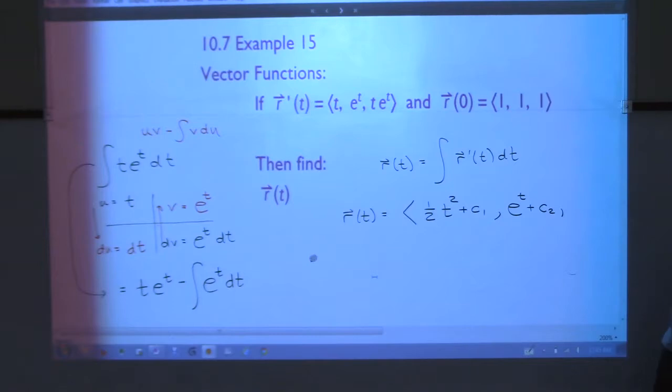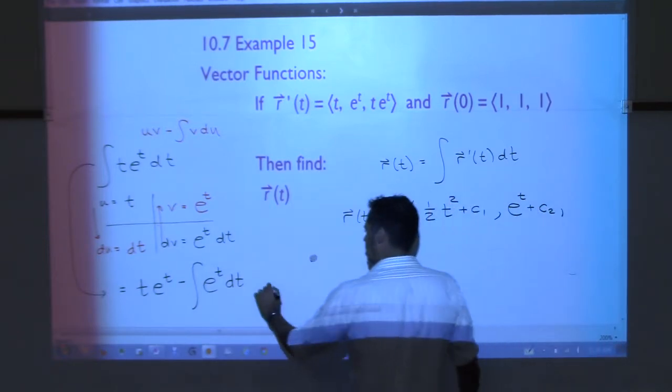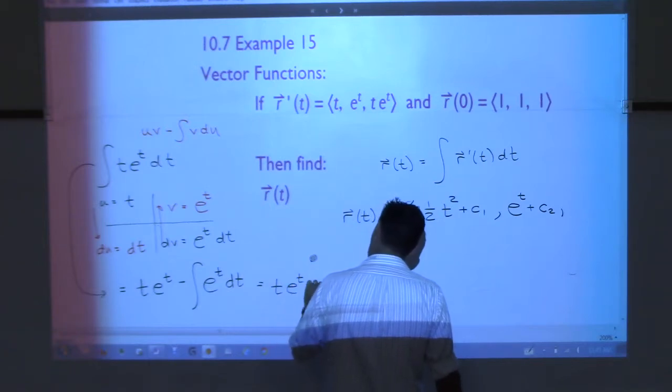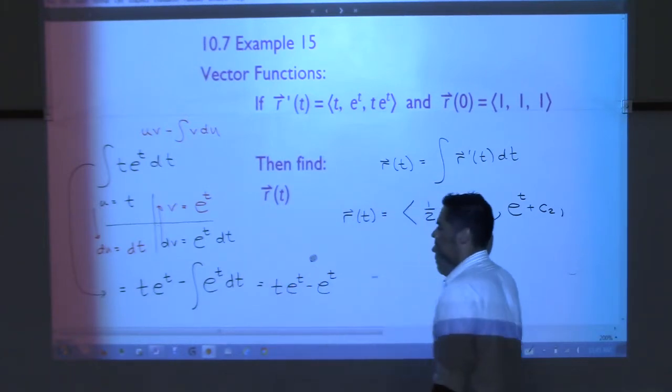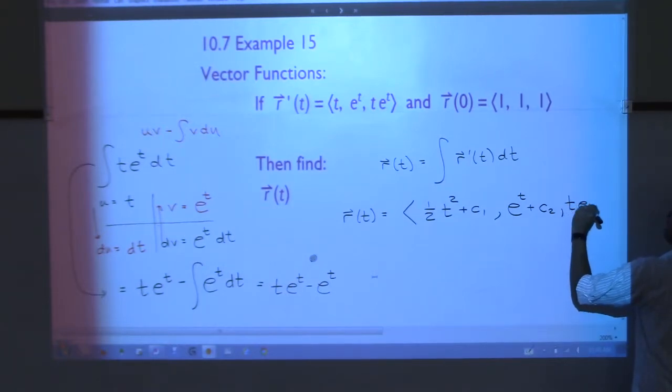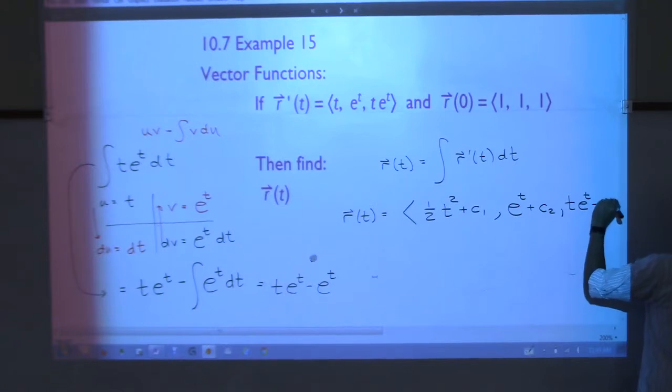The antiderivative of e to the t is just itself. So we should get t e to the t minus e to the t. That's what goes here. Plus C3. t e to the t minus e to the t plus C3. Questions?